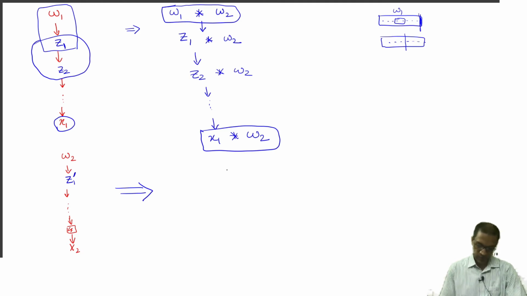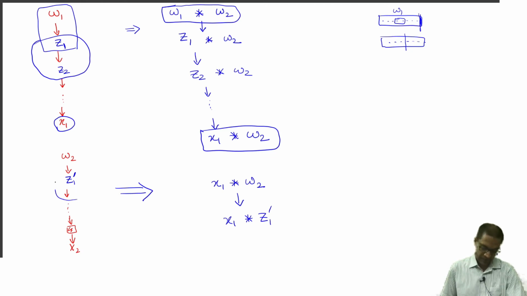Now what I do is concatenate X1 on the left of W2, and because I can go from W2 to Z1 dash, it also implies that I can go from X1 star W2 to X1 star Z1 dash, by the same logic as before.